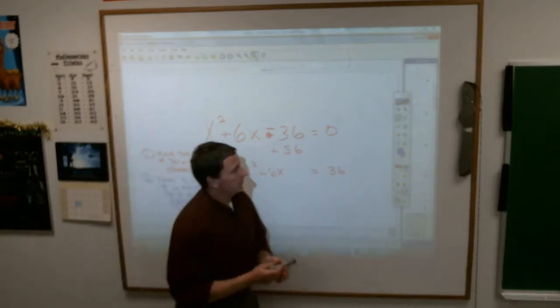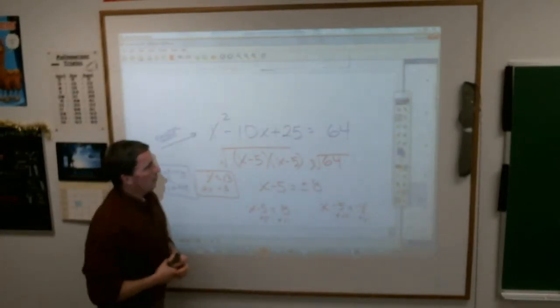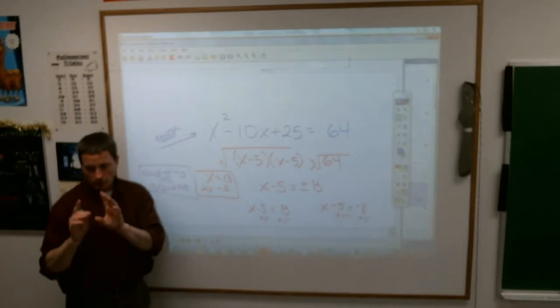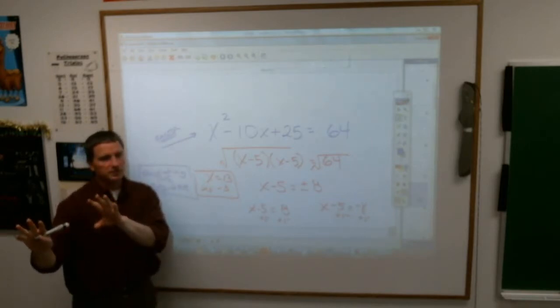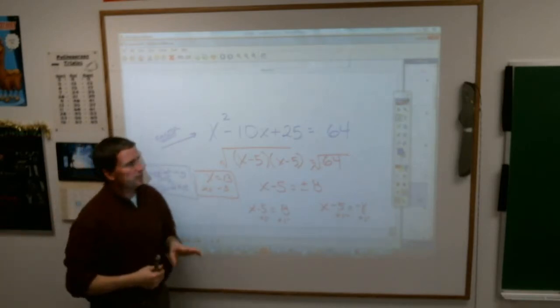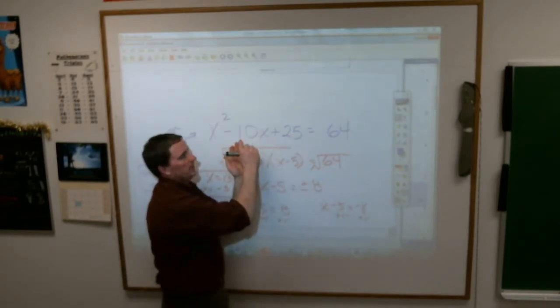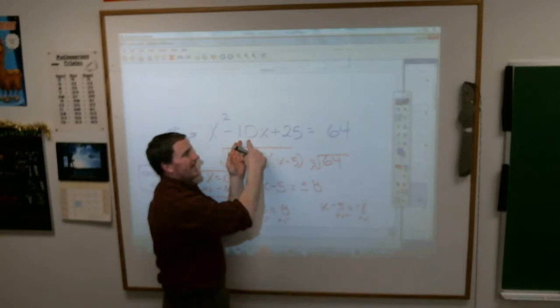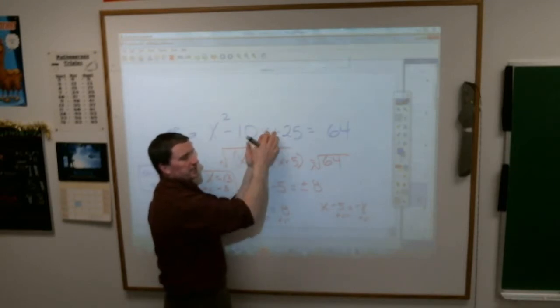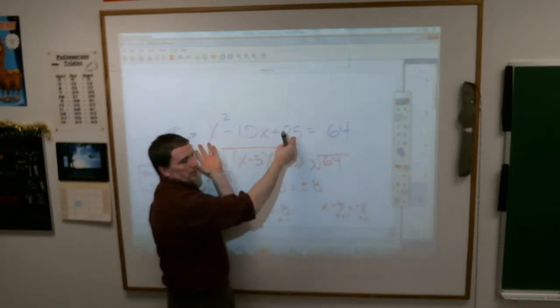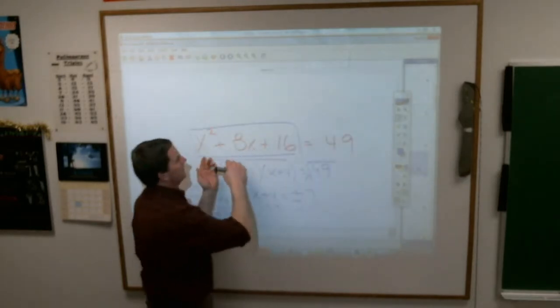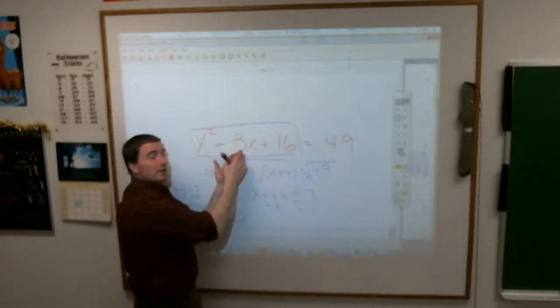Okay, look, once again, let me get the instructions again. This is what you need to think. This worked out nicely as perfect squares because 25 is half of this square. That's what makes a perfect square trinomial. Same thing over here. This 16 worked out because that was half of 8.